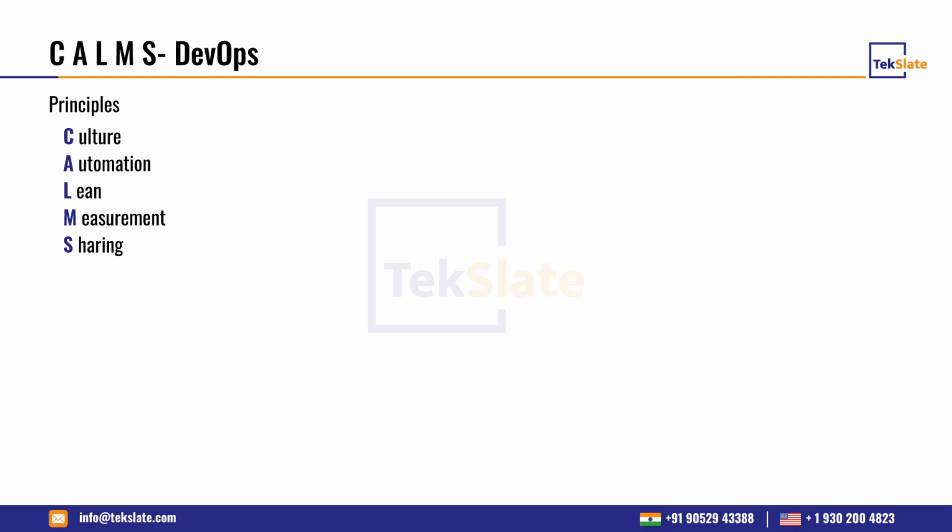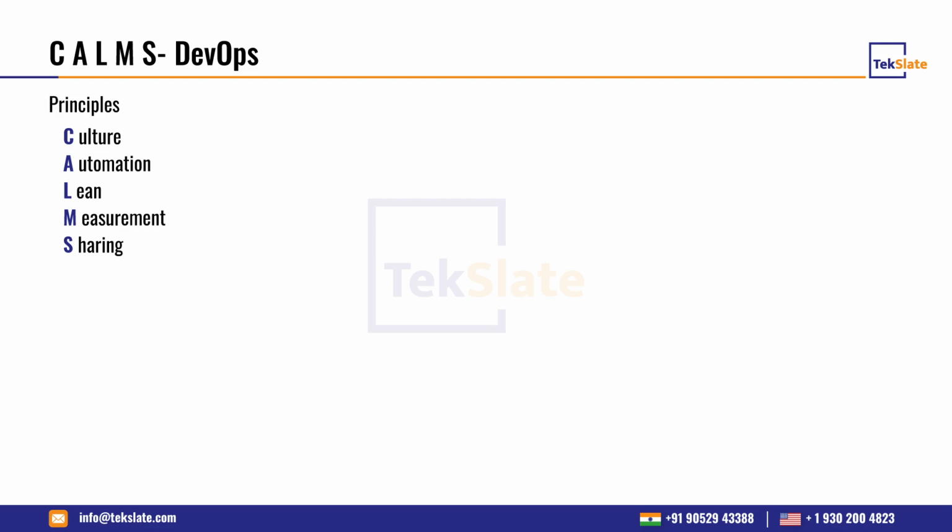Because if your organization is not ready to invest in the DevOps mindset or DevOps journey, it will not be fruitful to invest in it. CALMS is an abbreviation of culture, automation, lean, measurement, and sharing. So let's see those things.